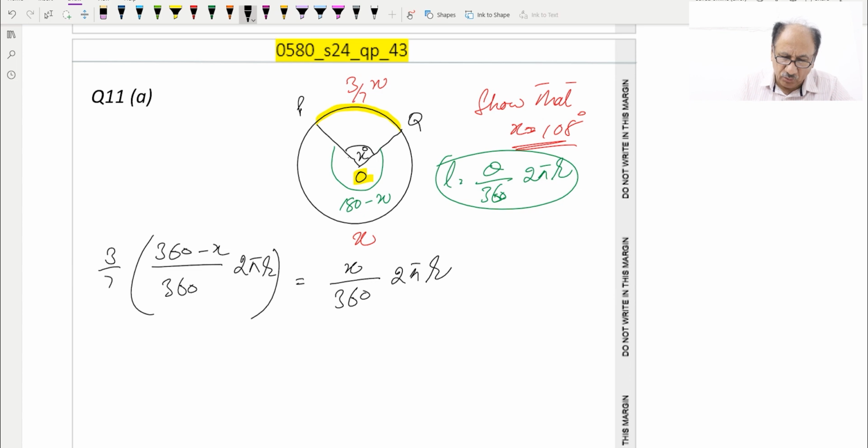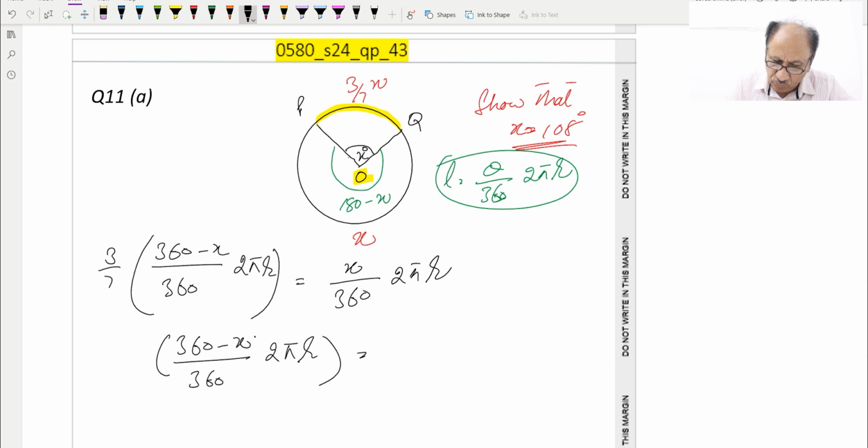Now we need to solve this, and to solve it we shift the 3 by 7 to the other side. So we get 360 minus x over 360 into 2 pi r is equal to 7 by 3 into x over 360 into 2 pi r.